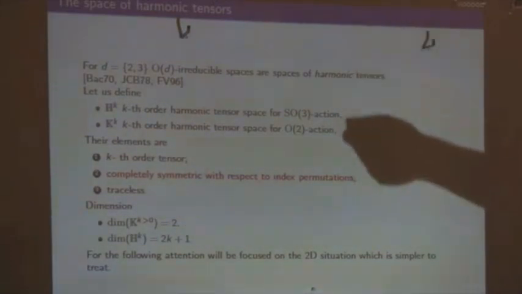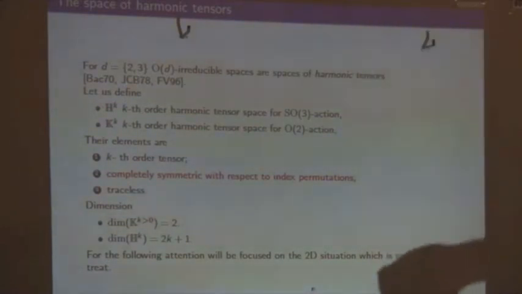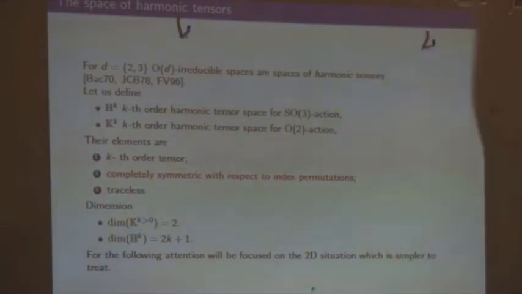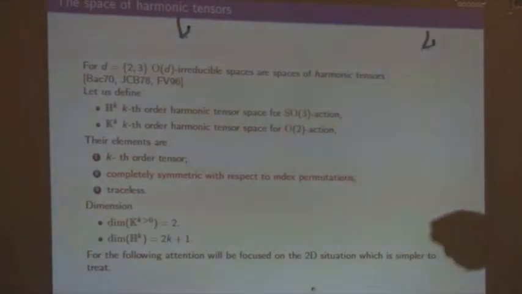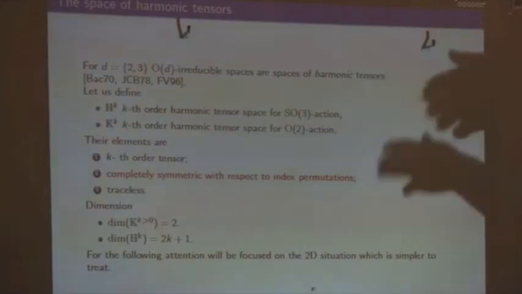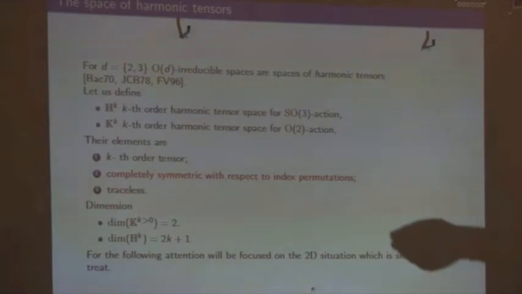If you have a tensor of order n, you have as many traces as the contractions you can do with the Kronecker tensor. Another point is you will say that a vector with just one leg is traceless, and a scalar is traceless. But for a third-order tensor completely symmetric, its trace will be a vector, just one leg.